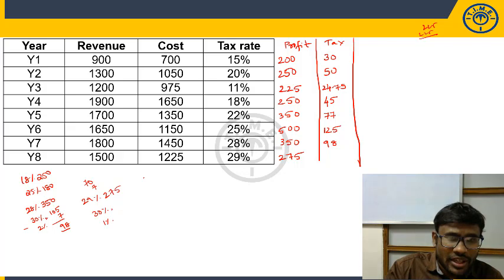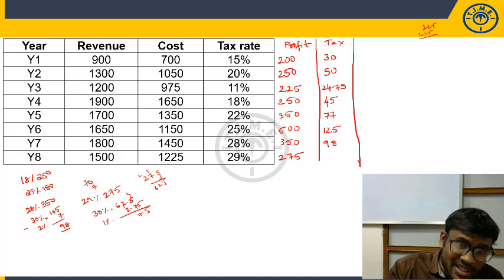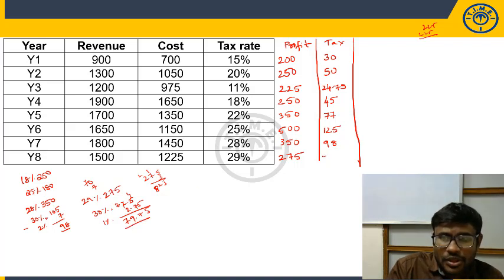So 10% is 27.5. 30% means 82.5, sorry, my bad. And 1% is 2.75. So it is 79.75. So that is your tax.